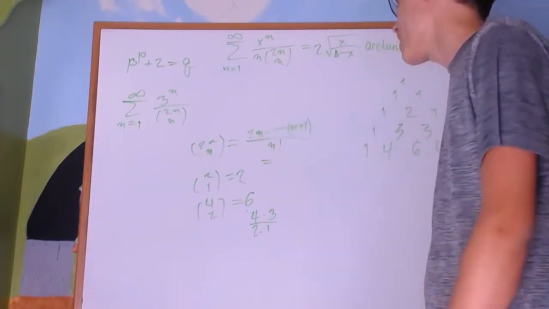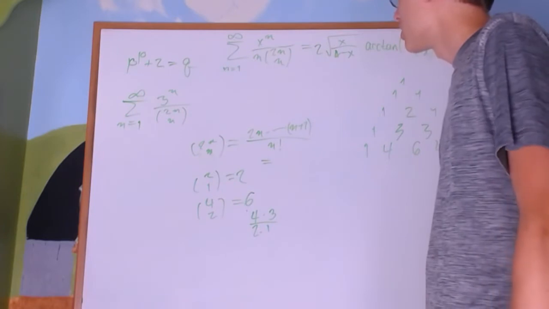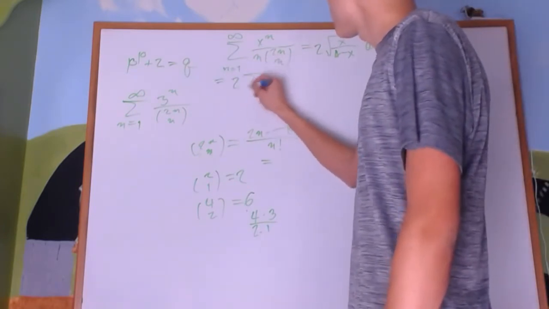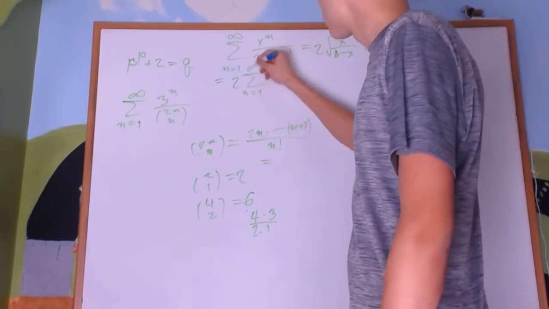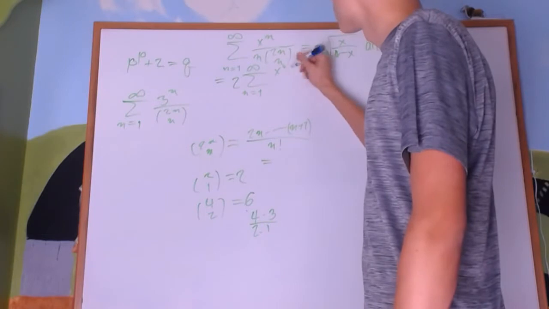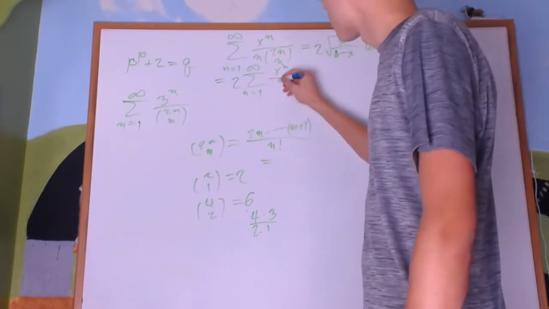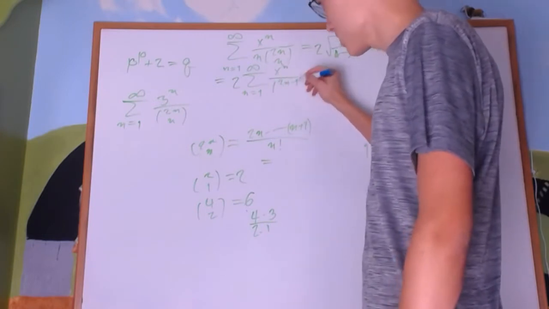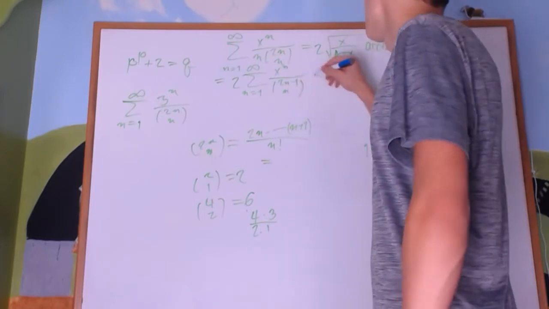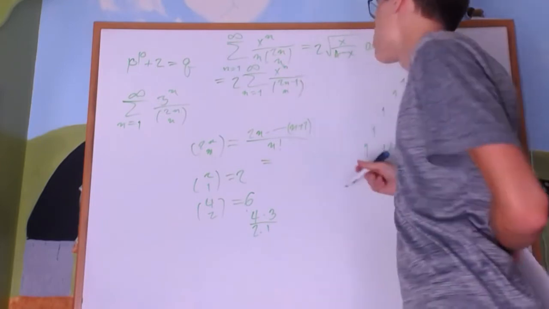So this is the same as 2 times the sum from n equals 1 to infinity, x to the n over 2n minus 1 choose n. So that would be related-ish.